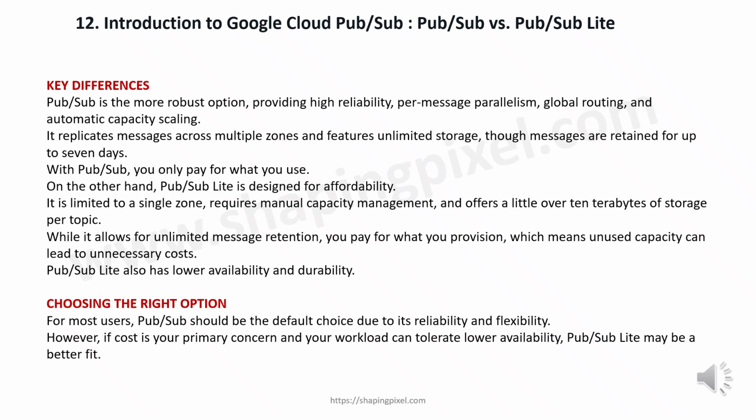PubSub Lite also has lower availability and durability. For most users, PubSub should be the default choice due to its reliability and flexibility. However, if cost is your primary concern and your workload can tolerate lower availability, PubSub Lite may be a better fit. Always consider your specific requirements before deciding.